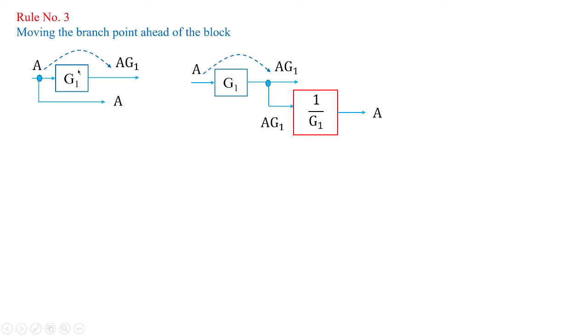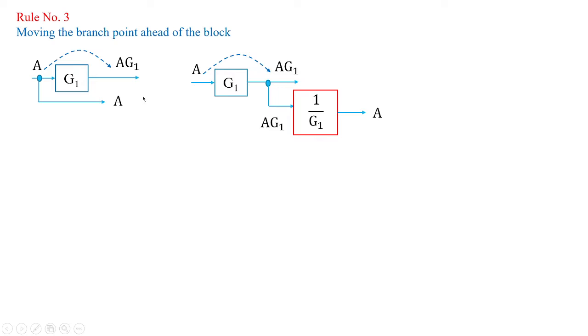So you have observed how a branch point is moved from left to right, keeping in mind that the result of the input is A as it is. The output AG1 is taken and divided by G1 in order to get this value A as it is.